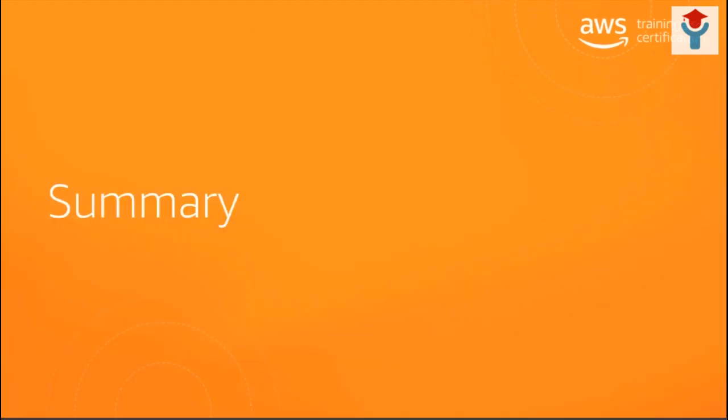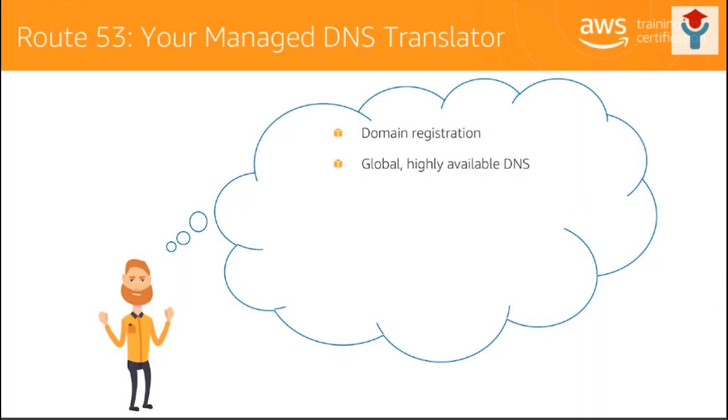Now, to summarize what we've learned, Amazon Route 53 is a global, highly available DNS service that allows you to easily register and resolve DNS names, providing a managed service to easily get users to your content. By routing them and endpoints together, translating names like sampleapplication.net into whatever is needed for computers to access each other.